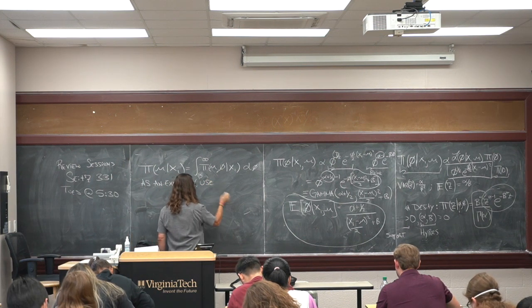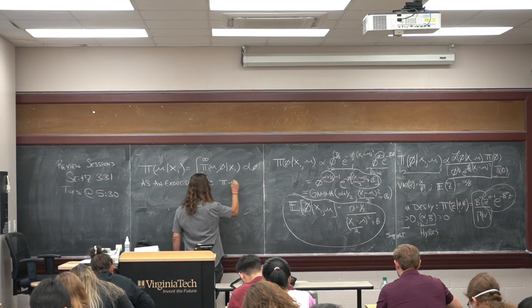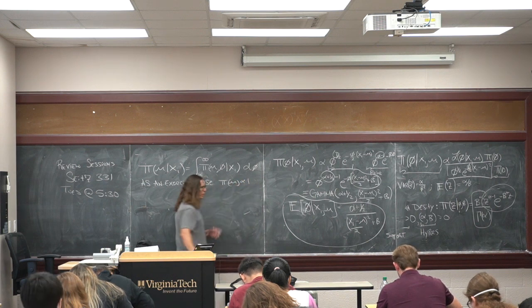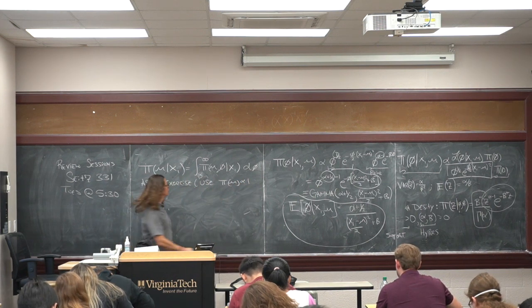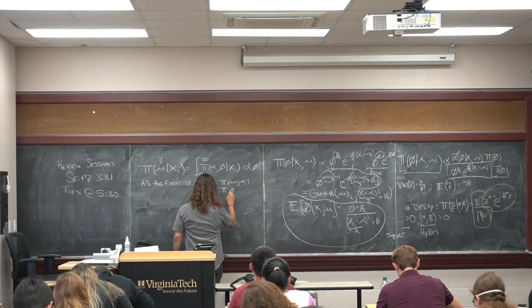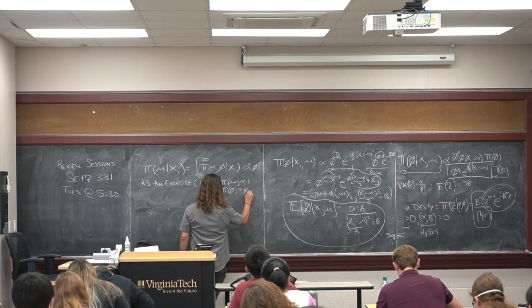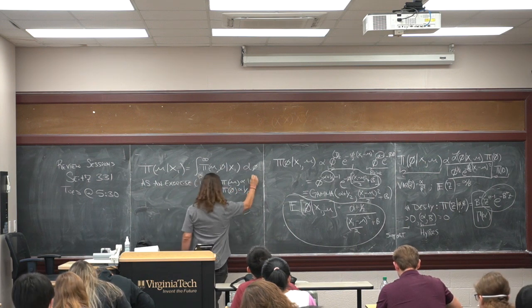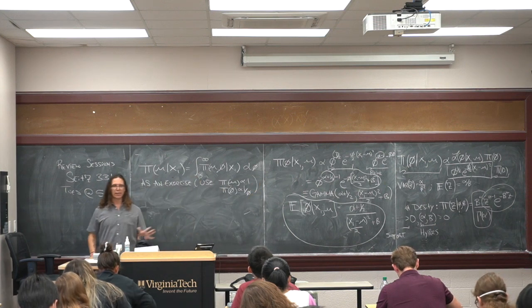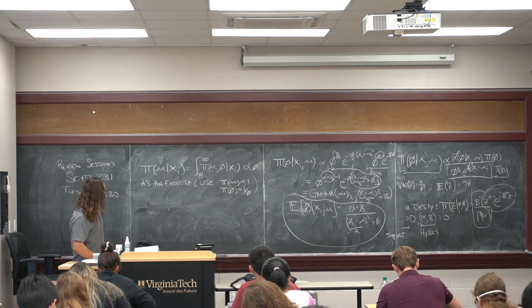Use pi of mu proportional to 1. We liked that before. Let's use pi of phi proportional to 1 over phi. Again, I think we liked that before. At least it had some appeal to us.